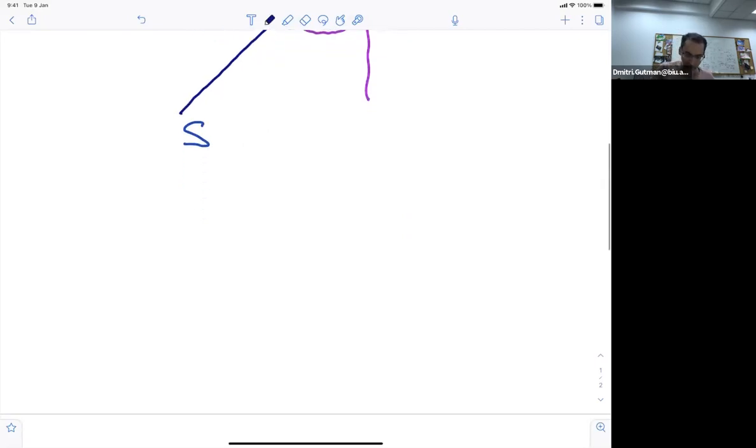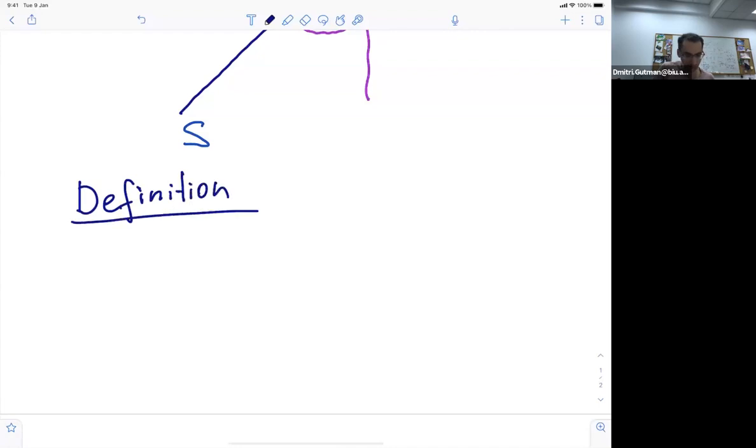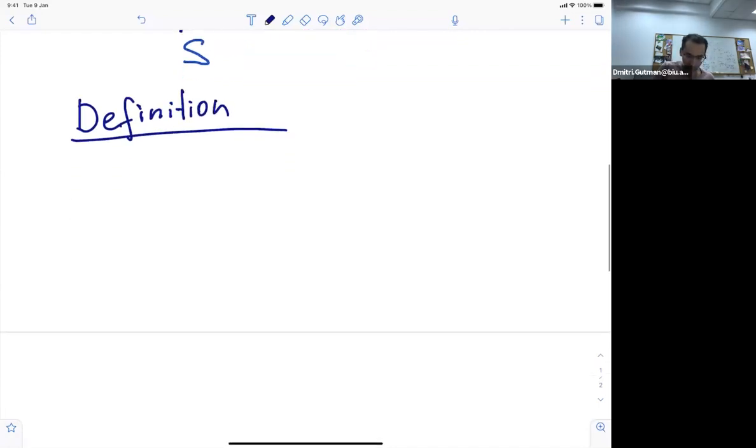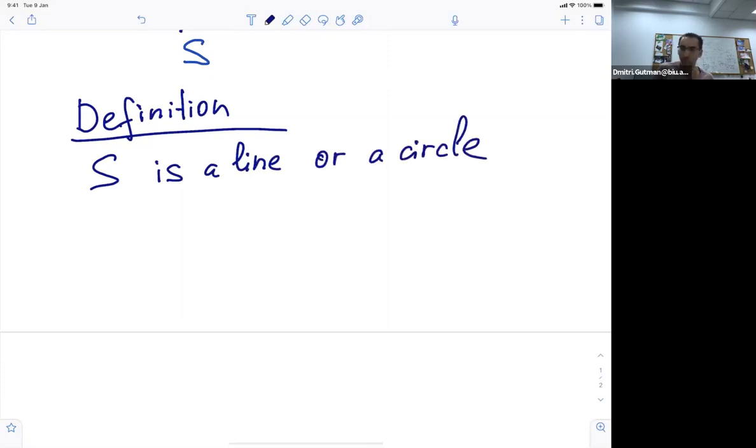So now let me define something. Definition. Suppose S is a line or a circle. So what we're doing here, we're putting circles and lines on the same footing.